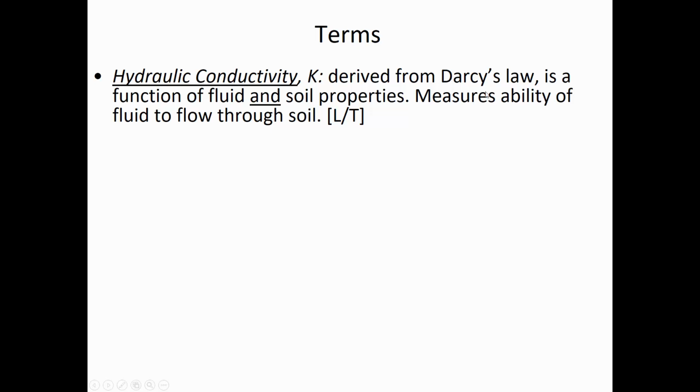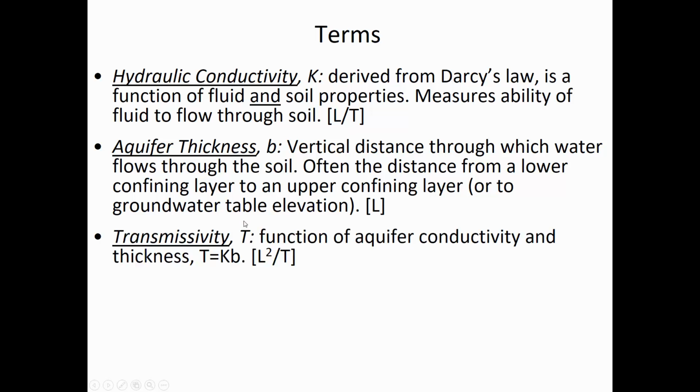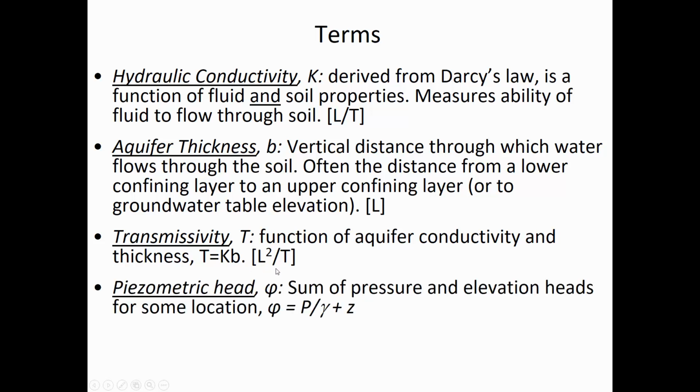Hydraulic conductivity comes from Darcy's law. The variable K has units of length per time. Aquifer thickness B has units of length. Transmissivity, we just talked about, it's the hydraulic conductivity times the thickness of the aquifer, so it's going to have units of length squared per time. Piezometric head is the sum of the elevation head and the piezometric pressure.